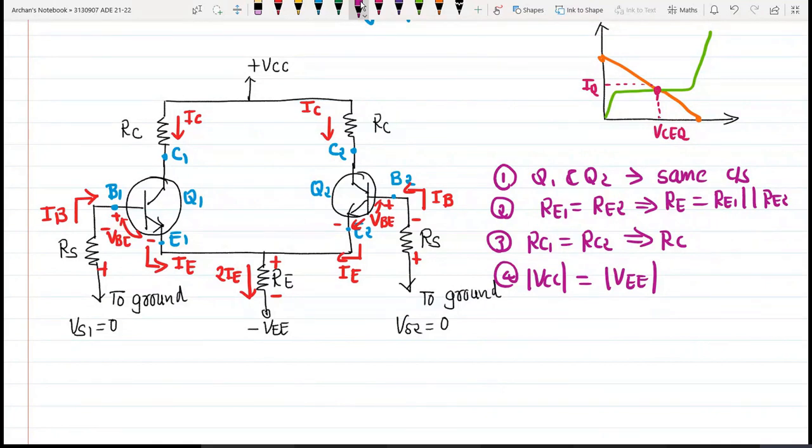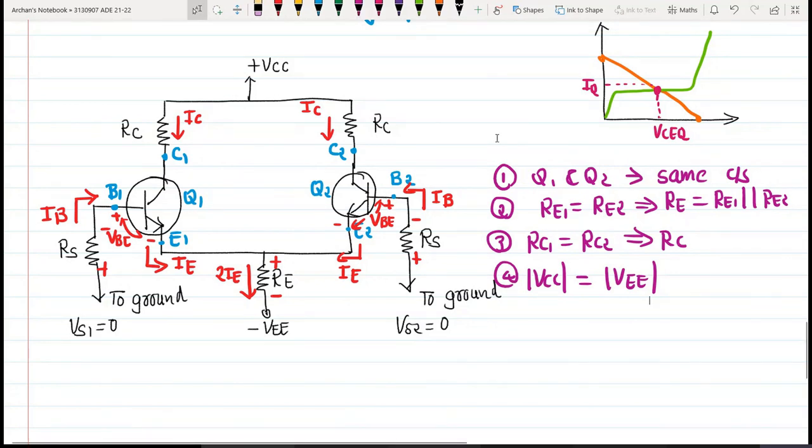So whatever two transistors we are available with, they are matched and the circuit is symmetrical. So it is enough to find out the operating point ICQ and VCEQ for any of the two transistors, and the same will be applicable to the other transistor. If we succeed in finding the operating points for any one transistor, the other transistor has the same characteristics, so definitely the same parameters will be associated with transistor 2.